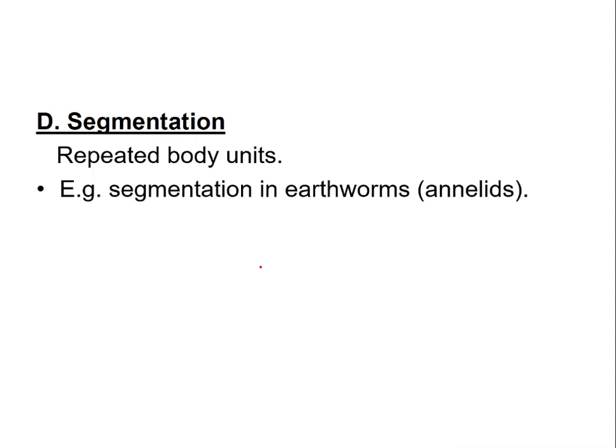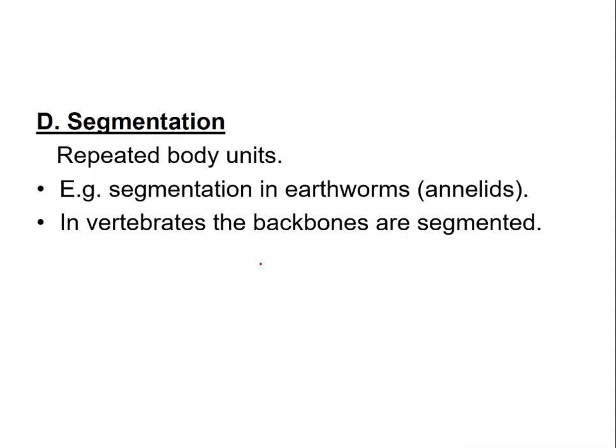Okay, next, animals are then classified based on their body segmentation. Segmentation means repeated body units, as can be found in the earthworm, and also in vertebrates, where the backbone is segmented. For animals with a backbone, it is the backbone that is segmented.